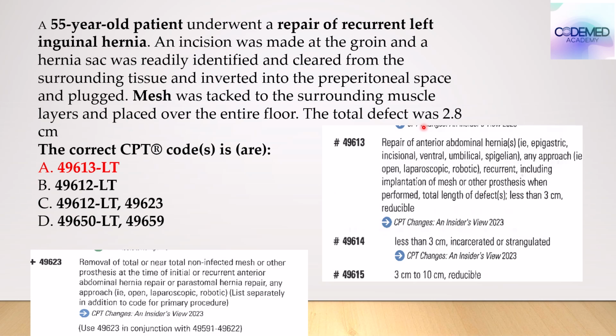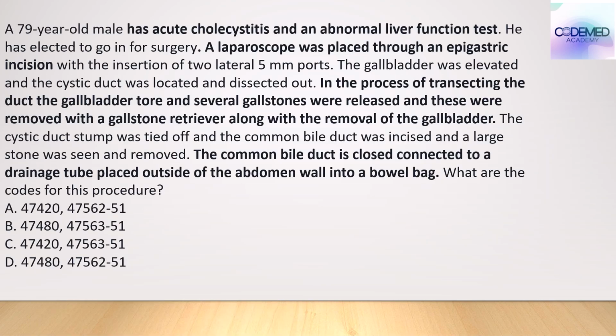Our defect is 2.8 centimeters. And 49623 is the removal of the mesh, which is removal of total or near total non-infected mesh or other. We have not removed the mesh, but we have put the mesh, and the mesh putting is part of the code. So we will go with the code 49613.